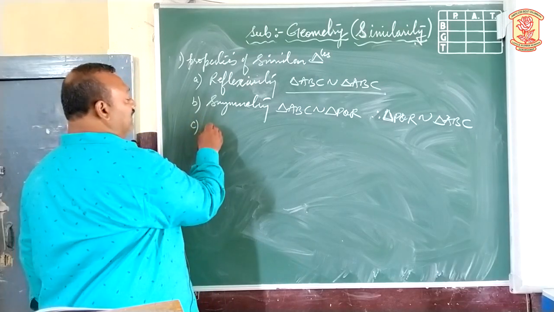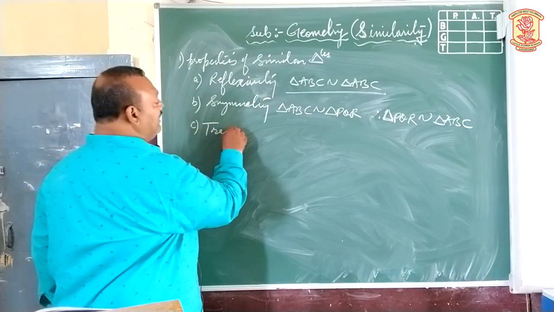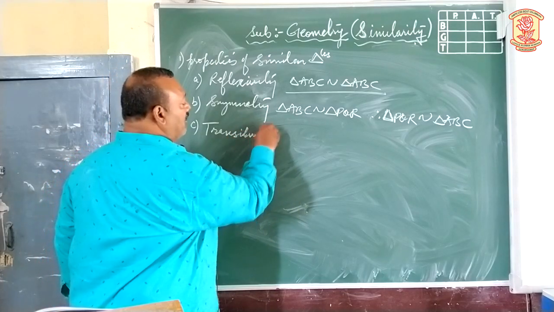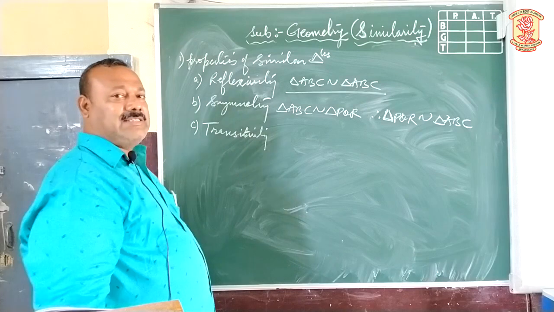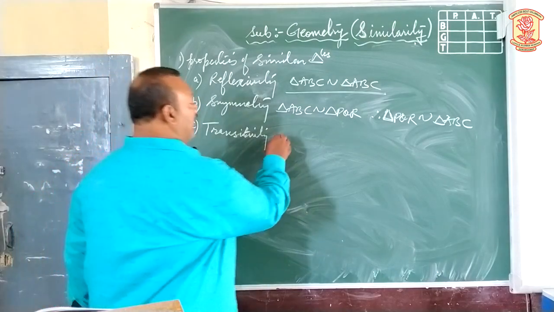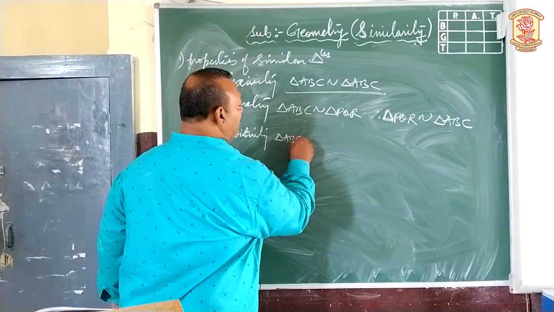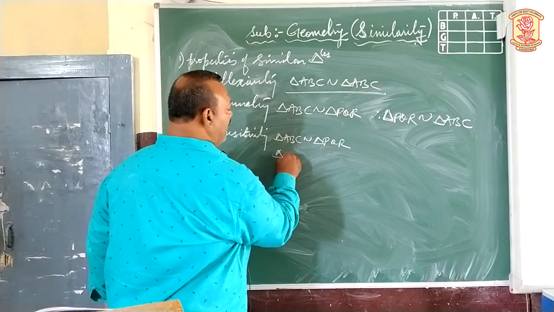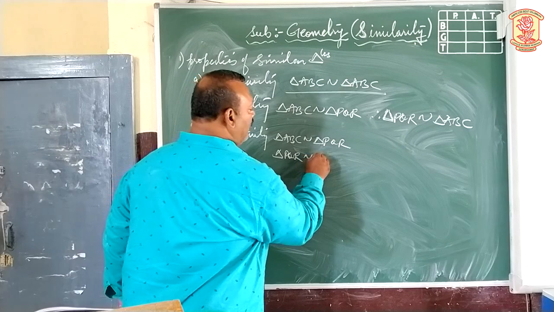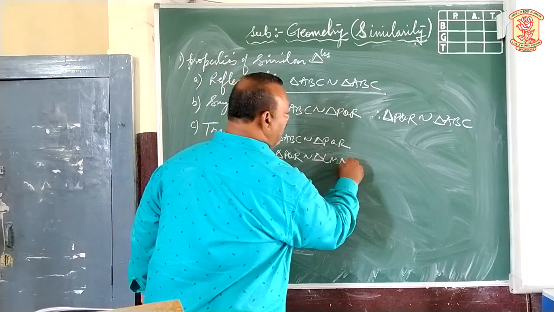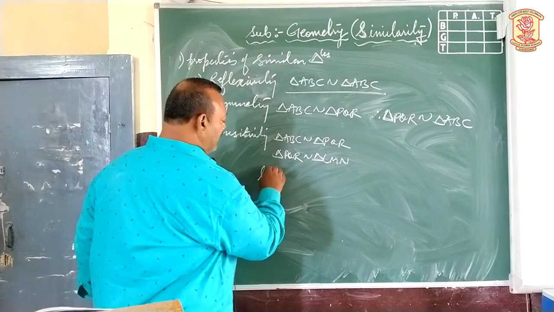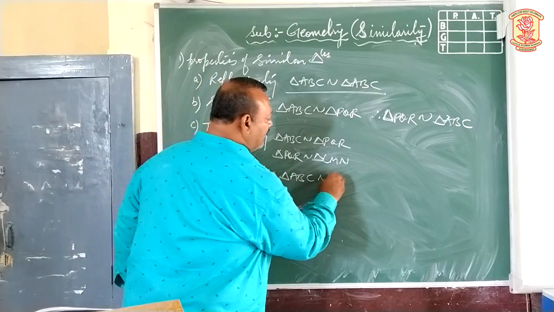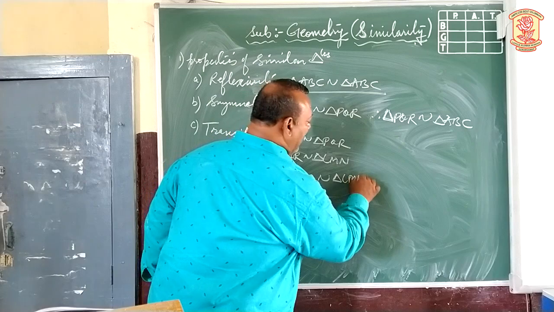Third property is called transitivity. Triangle ABC is similar to triangle PQR and triangle PQR is similar to triangle LMN. Then triangle ABC is also similar to triangle LMN.